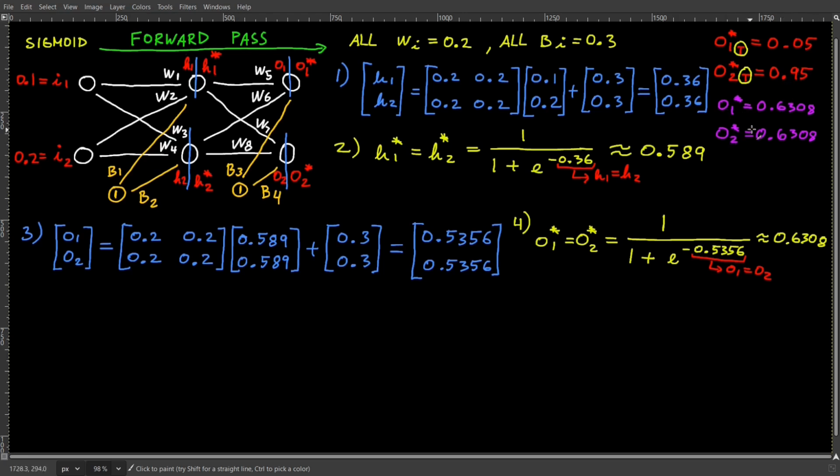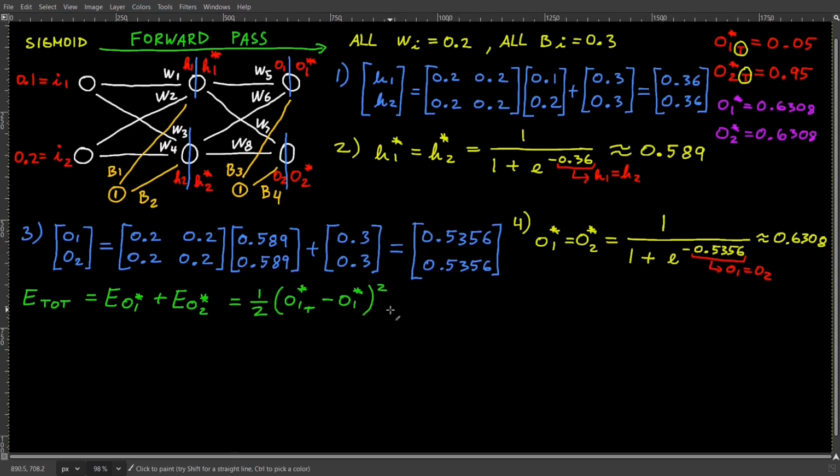Since my current activated outputs and the target ones are not equal, I can write an equation that would be my error or loss function. So error total equals the error for the first output neuron plus the error for the second output neuron. These errors will not be simply the differences of these numbers.